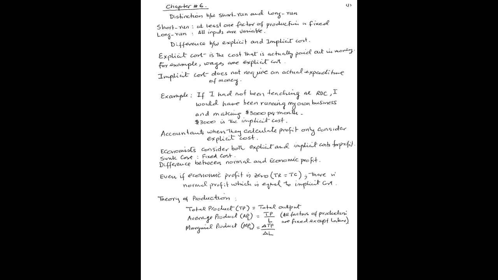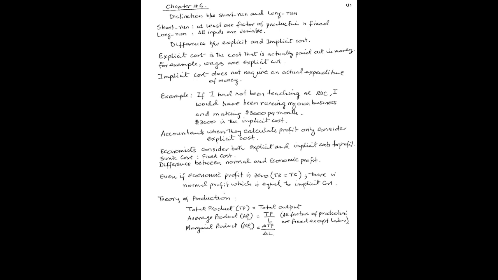The long run then means that all factors of production are variable, or all inputs are variable, and can change in that period of time. So for one farm, maybe 6 months is a long run. That is, within 6 months, the farm can hire more workers, more capital, more natural resources, and change everything. And that is the long run.